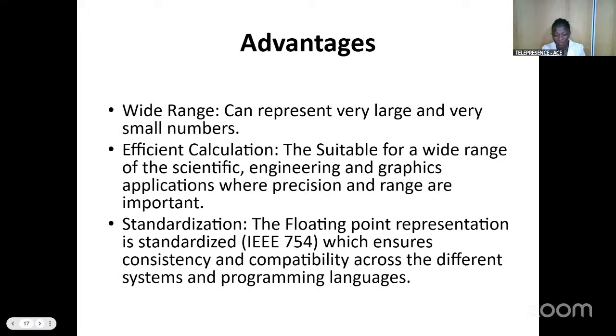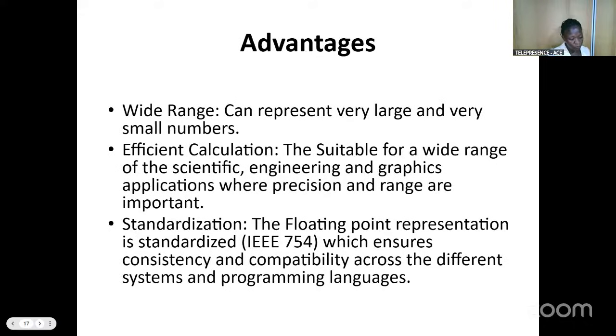The floating point representation is standardized as IEEE 754, which ensures consistency and compatibility across different systems and programming languages. So it is a standardized format across all platforms.